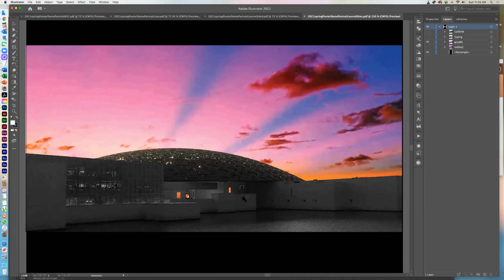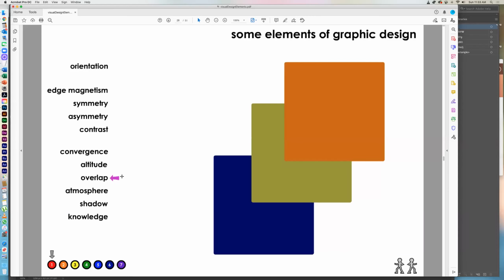And I enhance the overlapping with this color by cutting holes there, but that could viably be the sky. And in fact, I put the sunset in the same place. I put the position of the sun in the same place to give a bit of that feeling. So overlapping is very important.